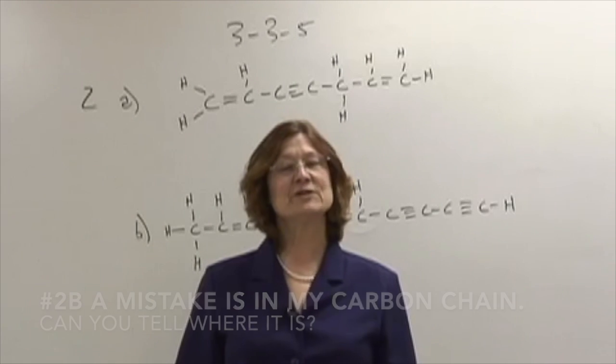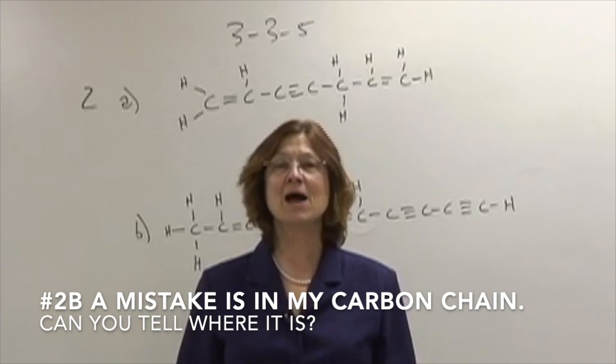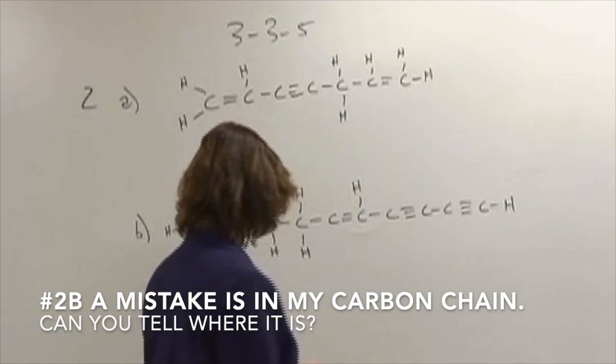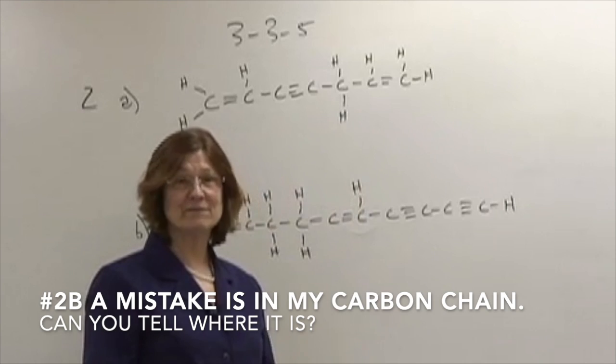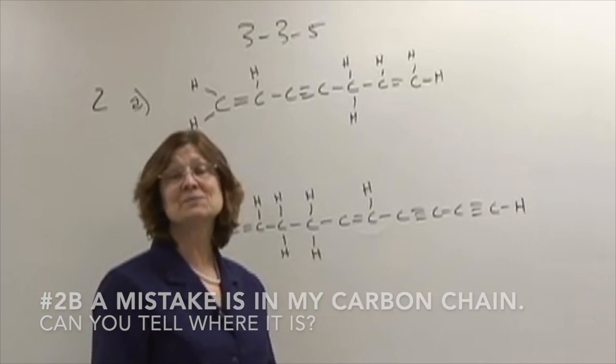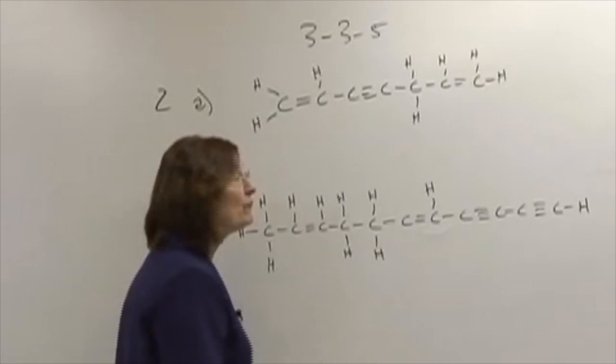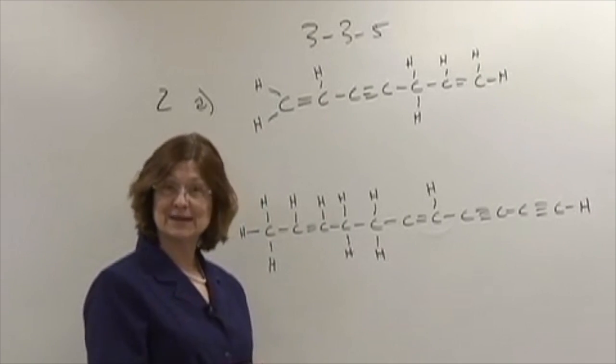In number 2, we are determining the number of sigma and pi bonds in these 2 compounds. Now, this is not that difficult, and it should be very straightforward for you on the assessment, because you will have 2 structures very similar to this. Every bond has a sigma bond.